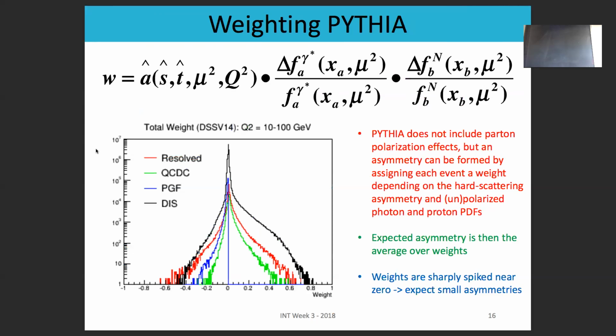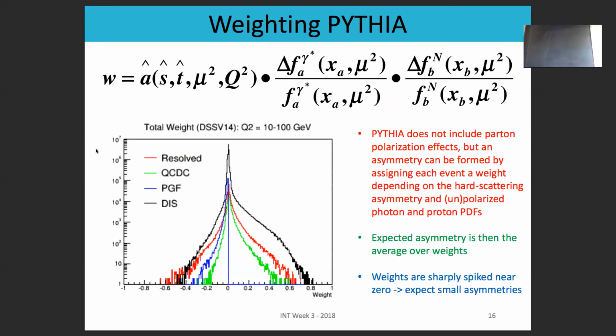For simplicity, from now on I'm going to ignore the resolved component, so this term will be 1, because I'm only looking at direct processes. And then this term will give us our information about the polarized and unpolarized proton structure.